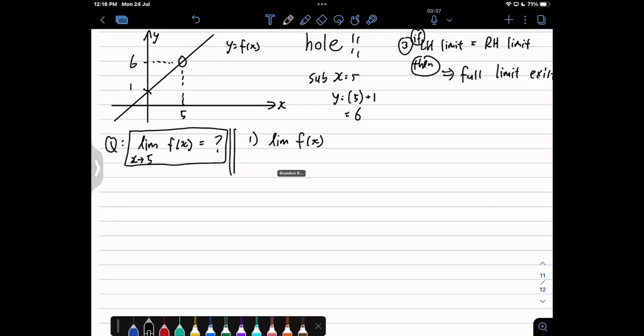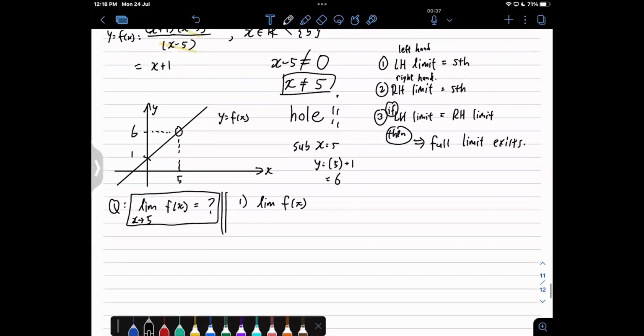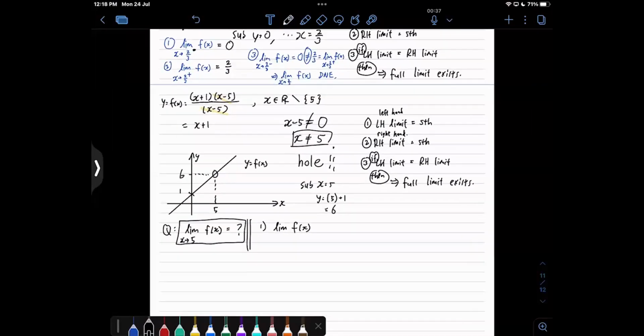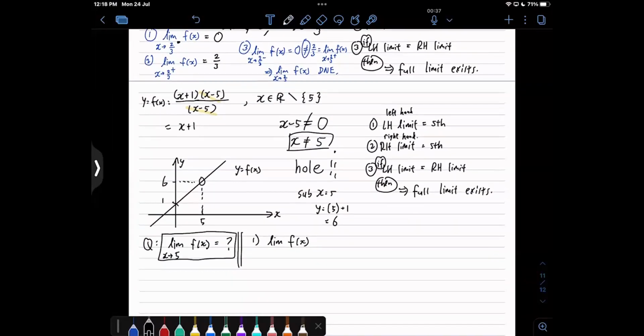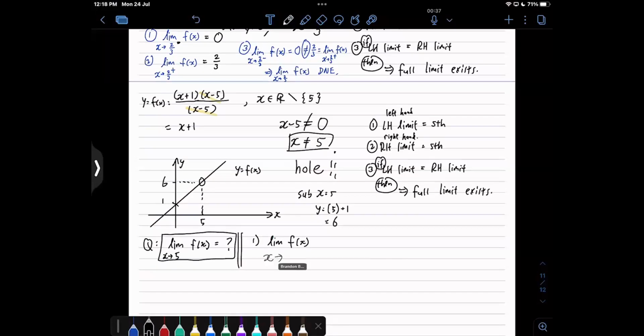Okay, I show you the example from before, like this. For the left-hand limit, you need x arrow 5 with a top right corner minus sign, good.